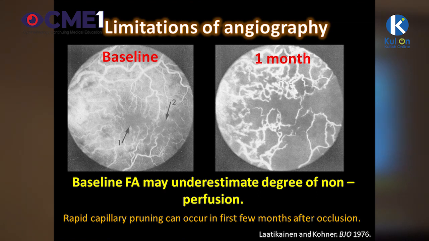The other thing about the fluorescein angiogram is that if you do the angiogram at baseline, you may get a very false overview of whether the eye is ischemic or not. So this is a patient that had an angiogram and they developed a retinal vein occlusion, and then 1 month later, you can see at the 1 month later they've developed significant non-perfusion. So the timing of doing the fluorescein angiogram is also very important.